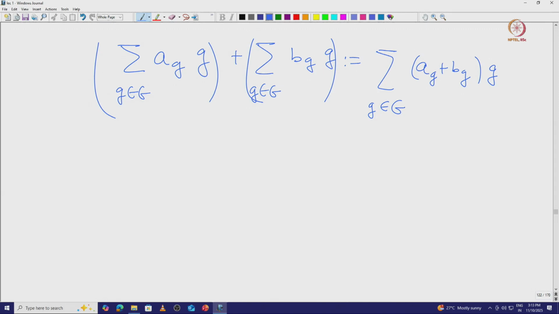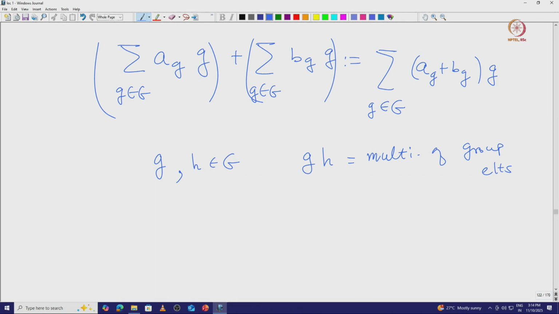The product is again obtained from the group multiplication that we have in G. If we take, for example, basis elements g and h in G, then the product of those is just given by the product that we have in the group.